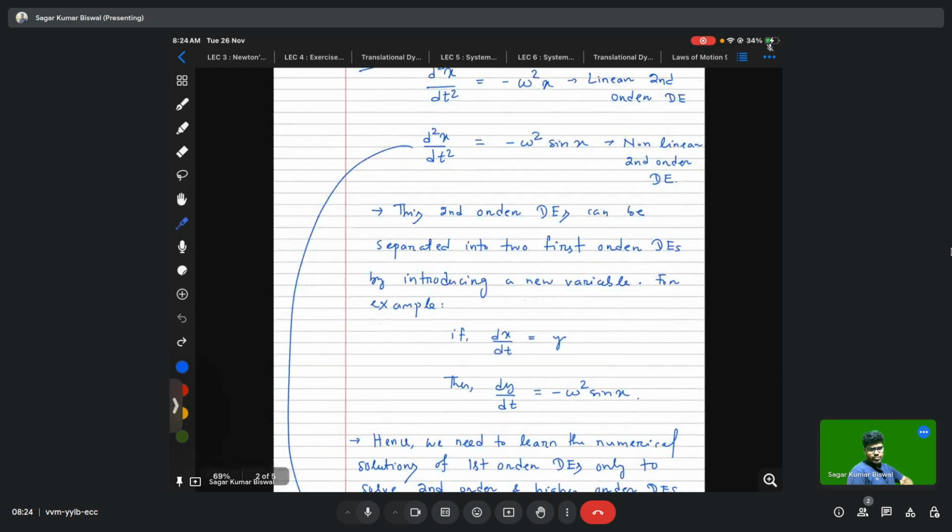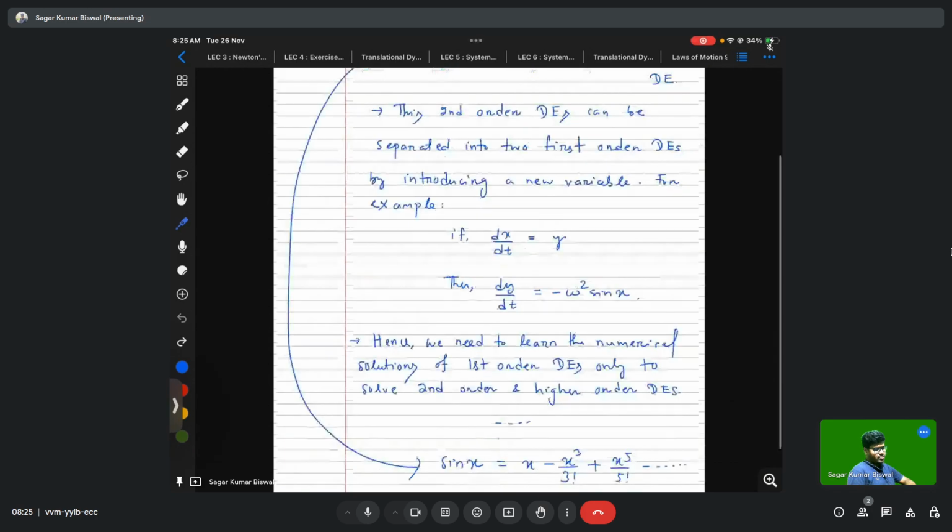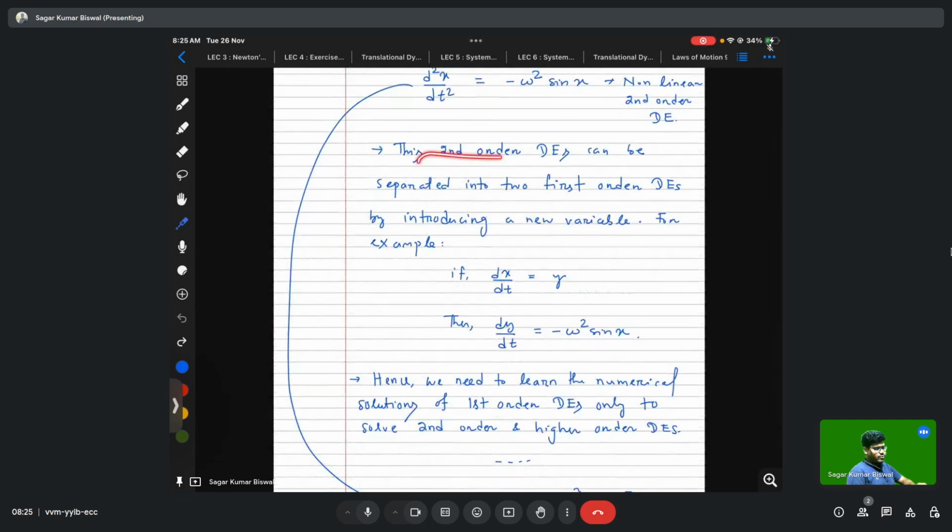So these second order differential equations can be separated into two first order differential equations by introducing a new variable. For example, here, this dx by dt, you can write it as y.